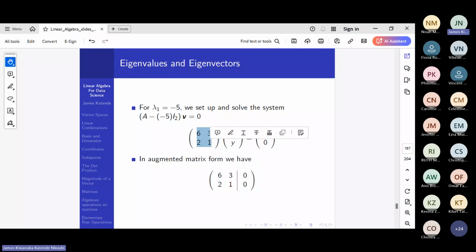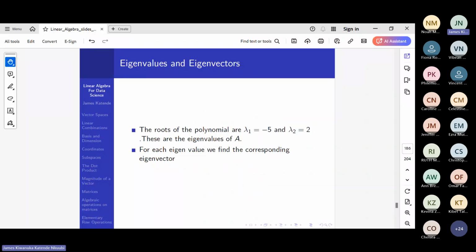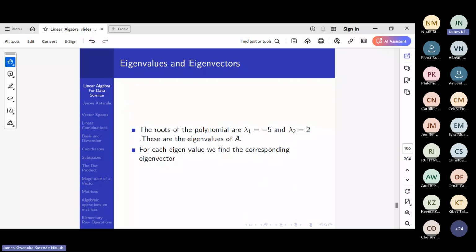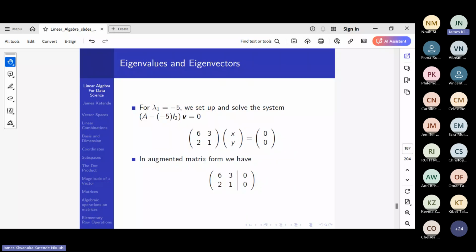You can go back and do this by hand. So you have A minus 5I. If we go back a few steps, it will be A minus, not 5I, it's minus -5 times I. Let's just be sure that that is correct.